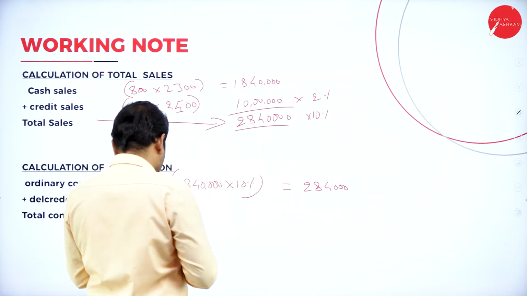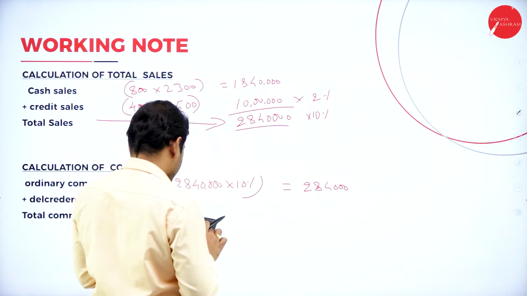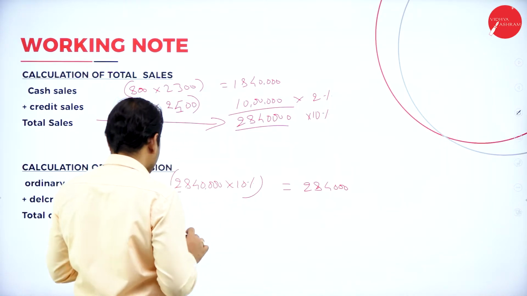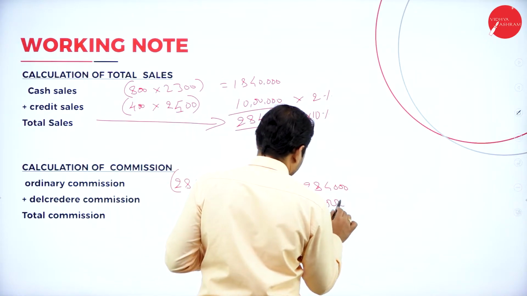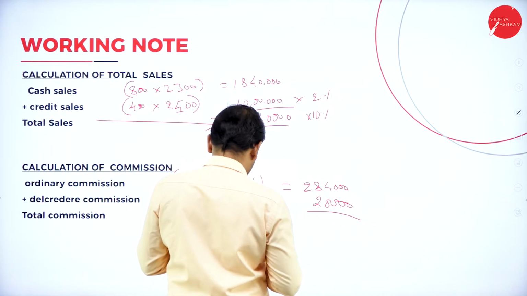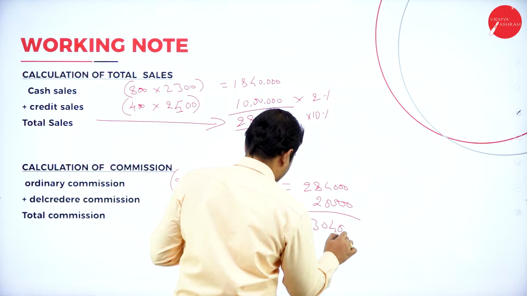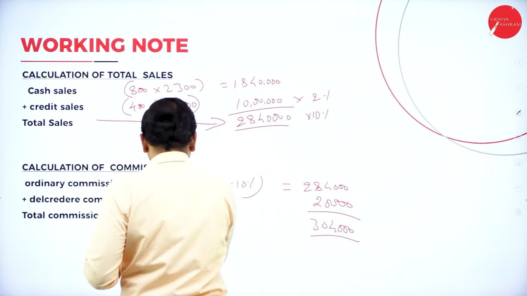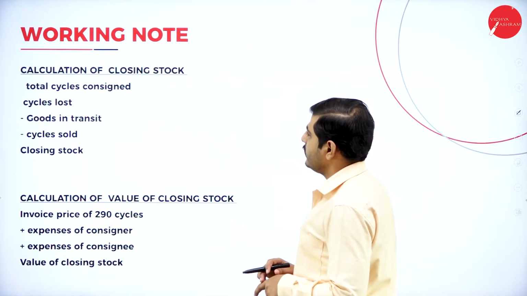Again del credere commission: 10 lakh into 2% is 20,000. So total it is 3,04,000 total commission.